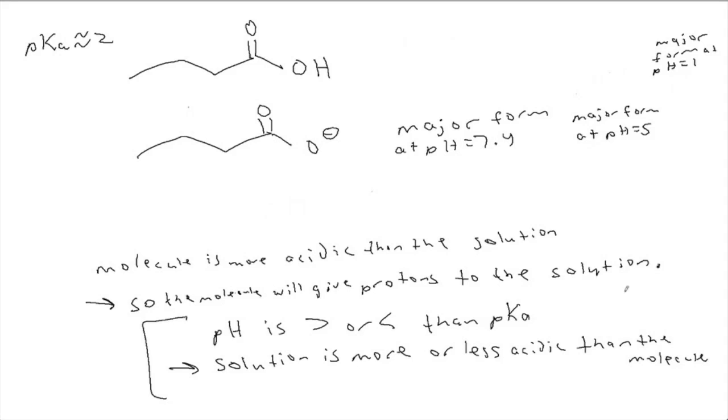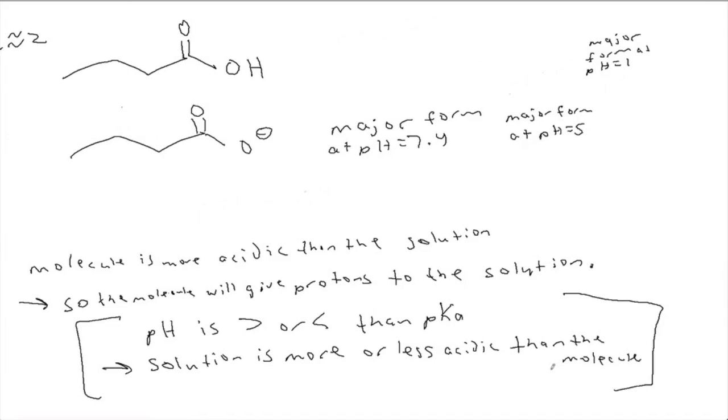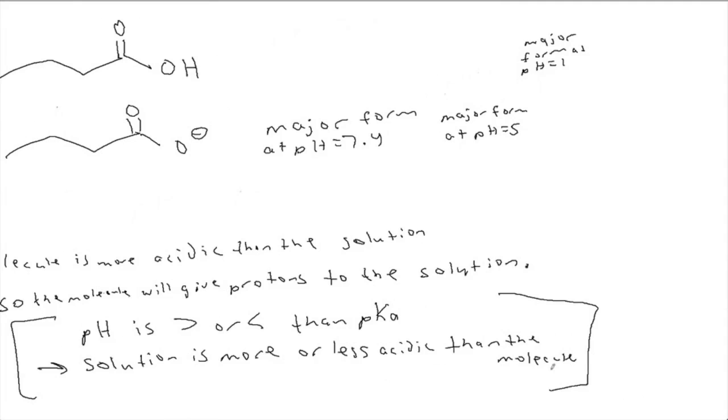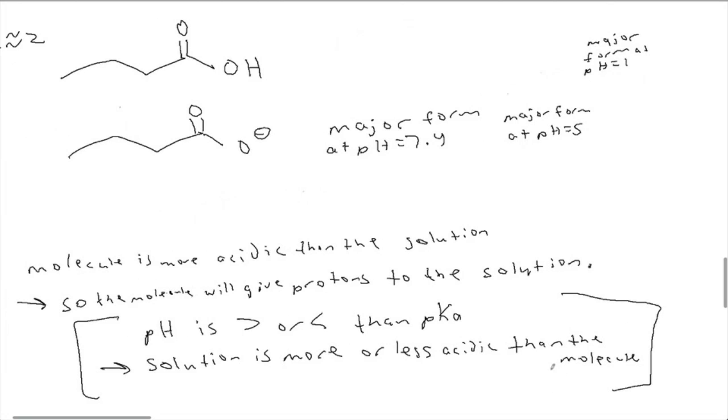So here's the kind of terminology we should be using. Okay. So if the pH is bigger than the pKa, then the solution is more acidic than the molecule. That's actually not true. If the pH is bigger than pKa, then the solution is less acidic than the molecule?